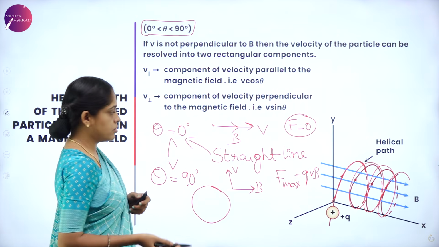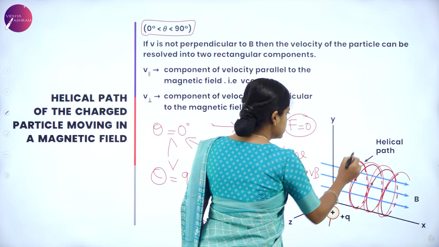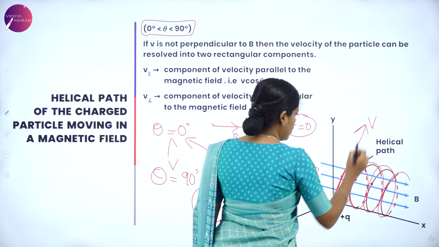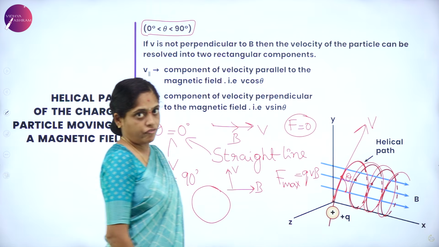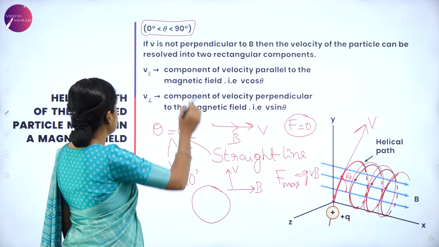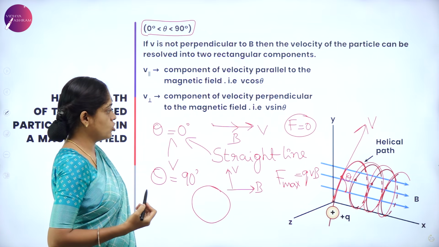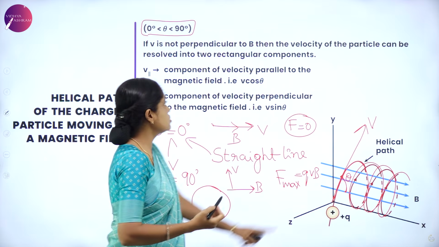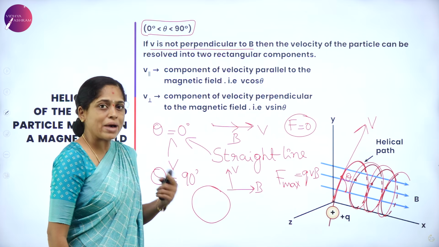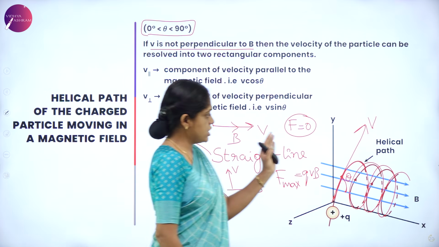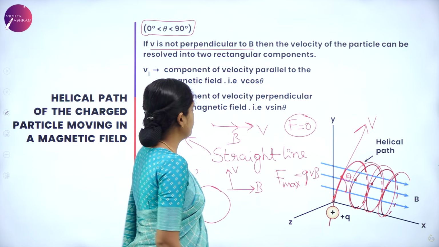So let us understand this. Here the velocity makes an angle theta with the magnetic field, where theta is greater than 0 degree and less than 90 degree. Observe here, v is neither perpendicular nor parallel to the magnetic field. It is between, making an angle theta with the magnetic field.